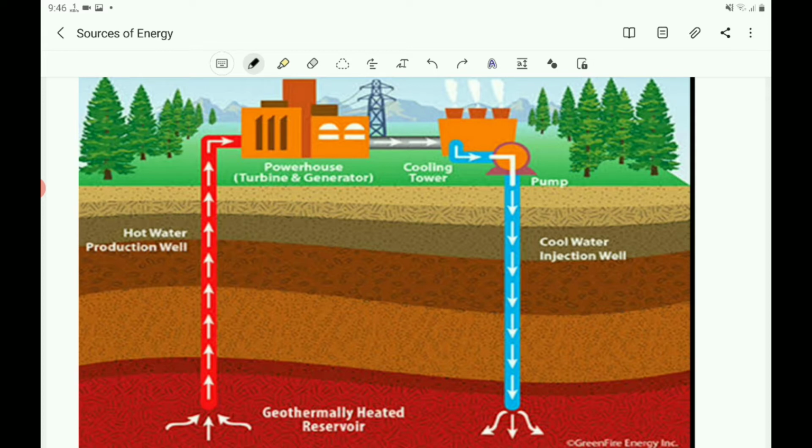When underground water comes in contact with the hot spot, steam is generated. Here you see a hot water production well.